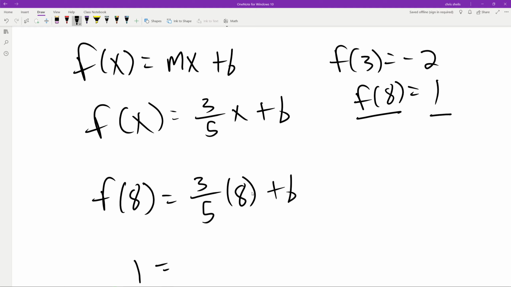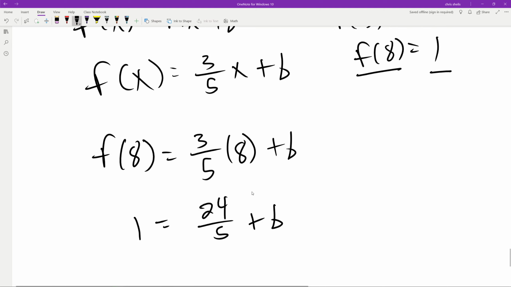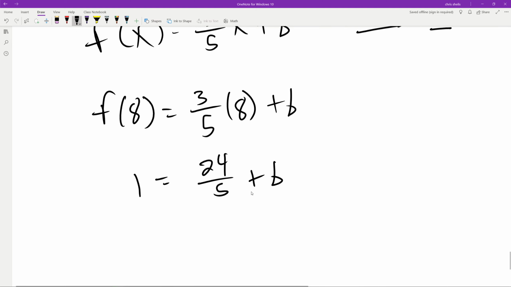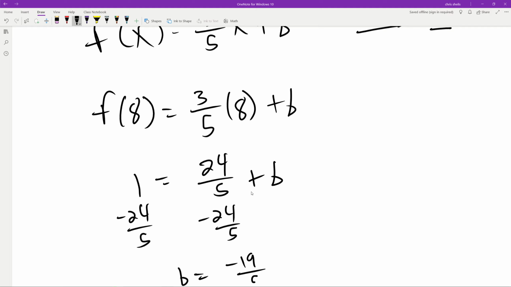And this is equal to 3/5 times 8. Well, 3 times 8 is 24, so this is 24/5 plus b. I can subtract 24/5 from both sides here. And I get that b is equal to, 1 is 5/5, so 5 minus 24 is -19/5.